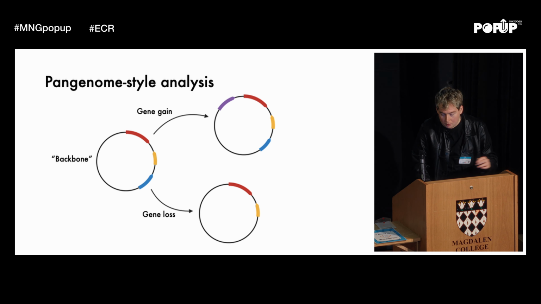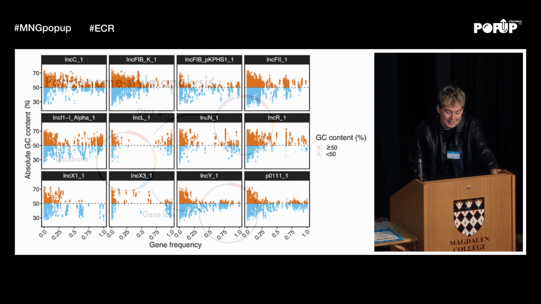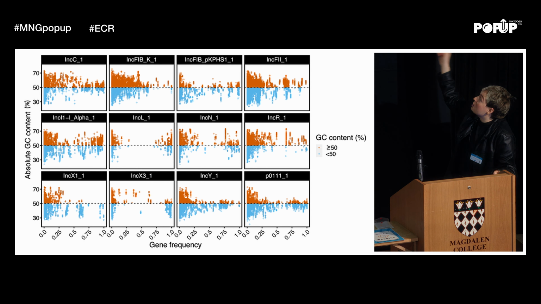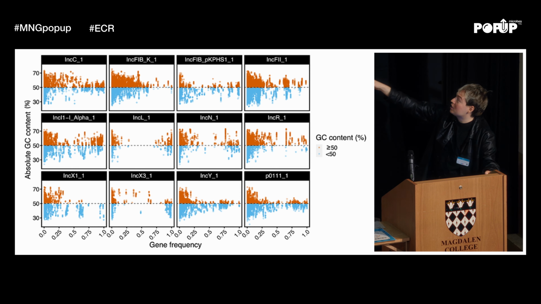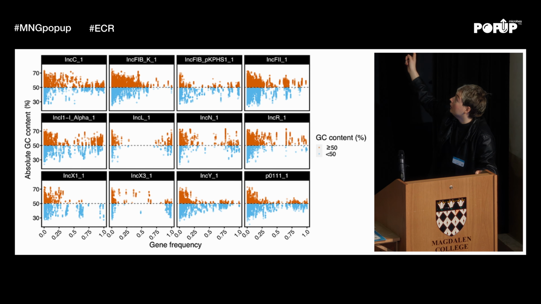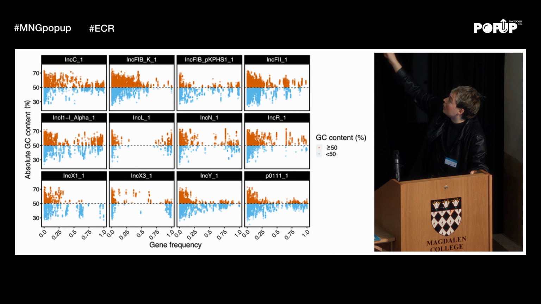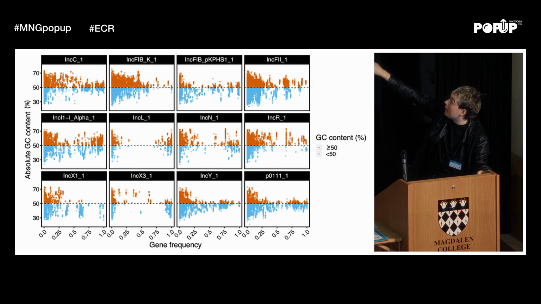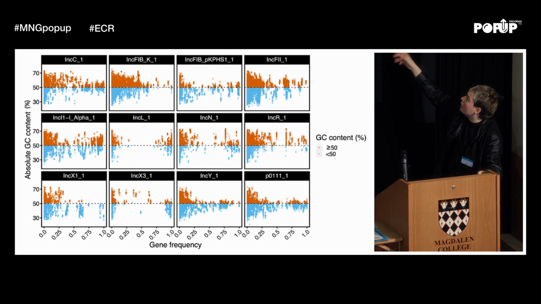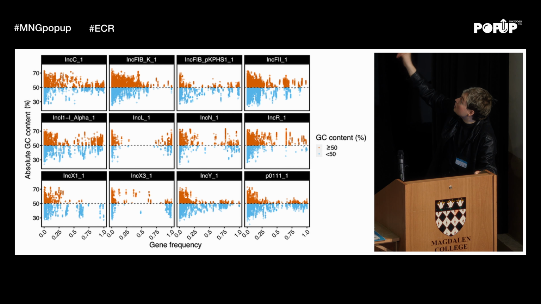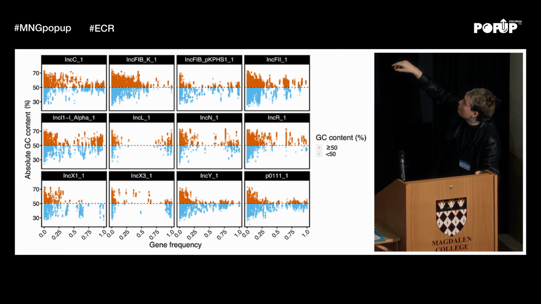And so what we can do is take all the genes in our plasmid lineage and effectively collapse them into homologous clusters, right? And so for each gene, we can get a frequency value in our plasmid population. So going all the way from 0 with our rare accessory genes, those big explosions on the left of the facets, and then on the right are the less numerous core genes.